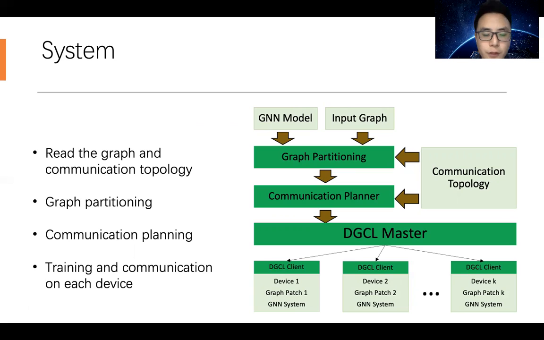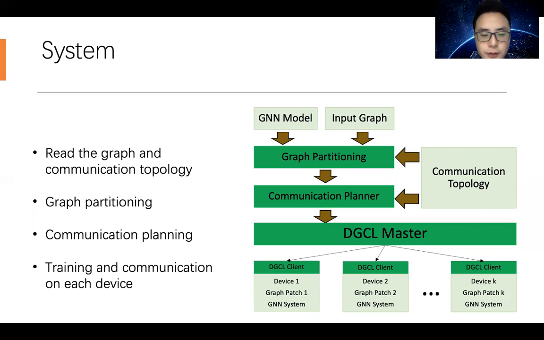Now, let me first introduce the system architecture of DGCL. In the figure, the dark green parts are the components of DGCL, and the light green parts are the components outside DGCL. At the beginning, DGCL reads the input graph and GNN models from users, and then it partitions the graph and plans the communication.